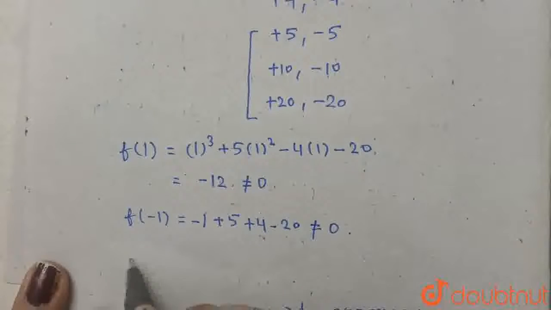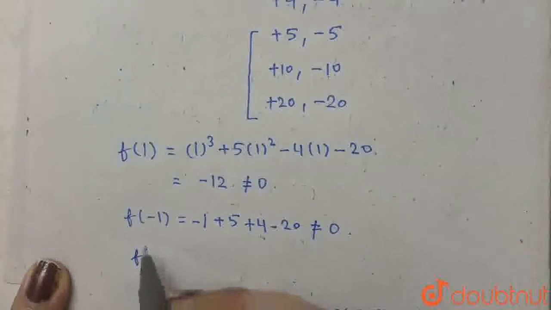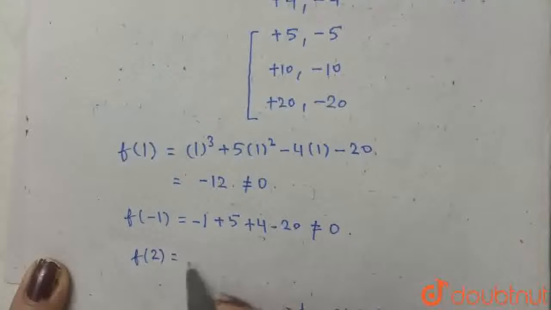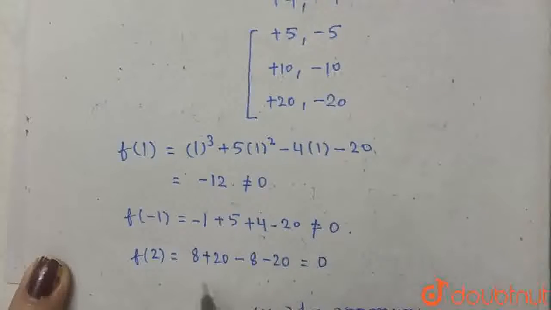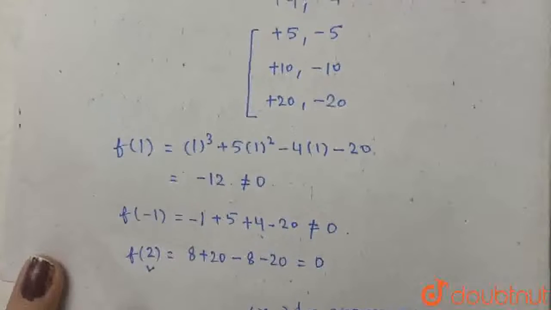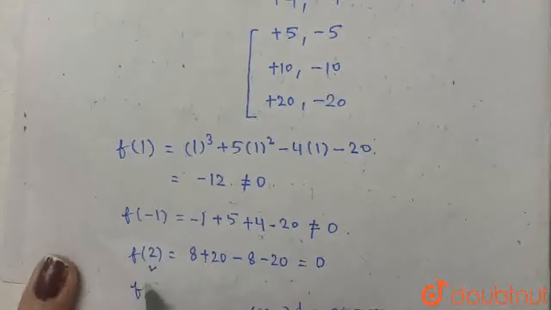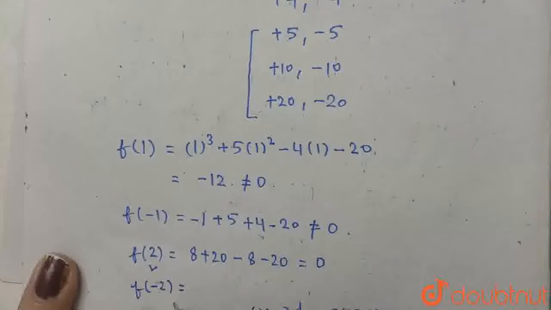Now if we put x is equal to 2, then we get 8 plus 20 minus 8 minus 20. This is equal to 0. So therefore x is equal to 2 is the zero of the given function. And now if we put x is equal to minus 2, then we get minus 8 plus 20 plus 8 minus 20.